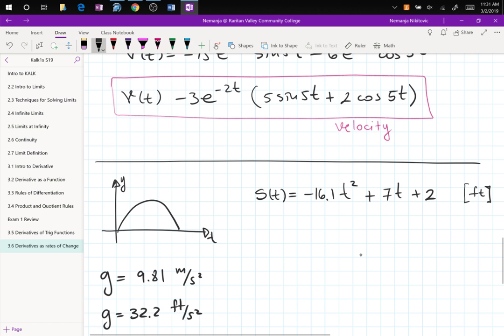Now, the formula that I gave you earlier had a half in front, so half of 32.2 is 16.1. So you are either going to see 4.9, which means your equation is in meters per second, or you're going to see 16.1, which is right if you are on planet Earth.